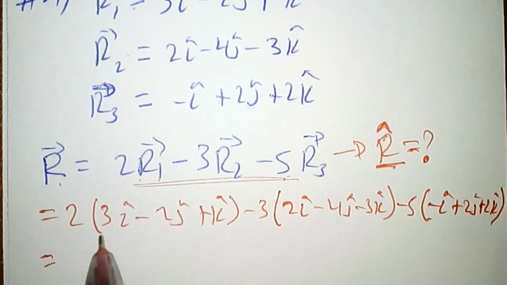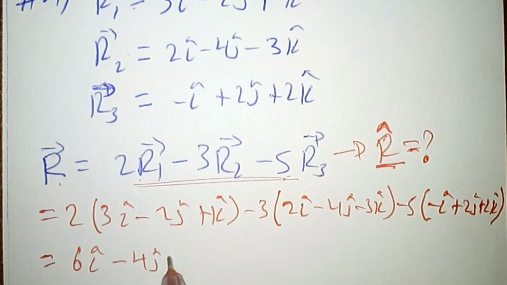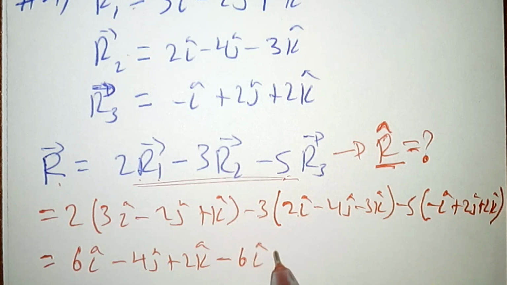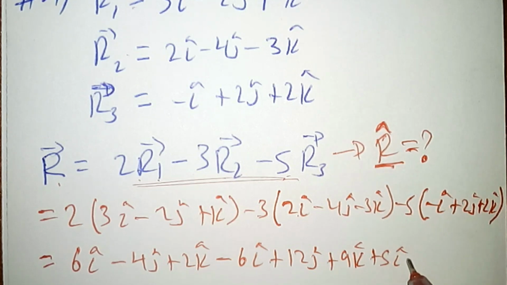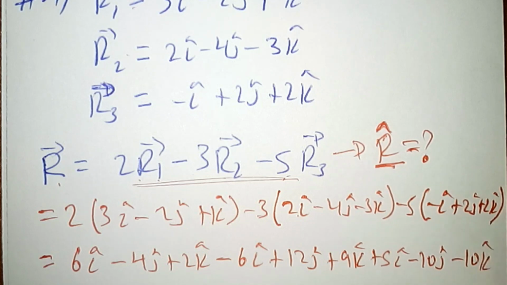So this equals 6i minus 4j plus 2k. This is minus 6i plus 12j plus 9k. This is plus 5i minus 10j minus 10k.